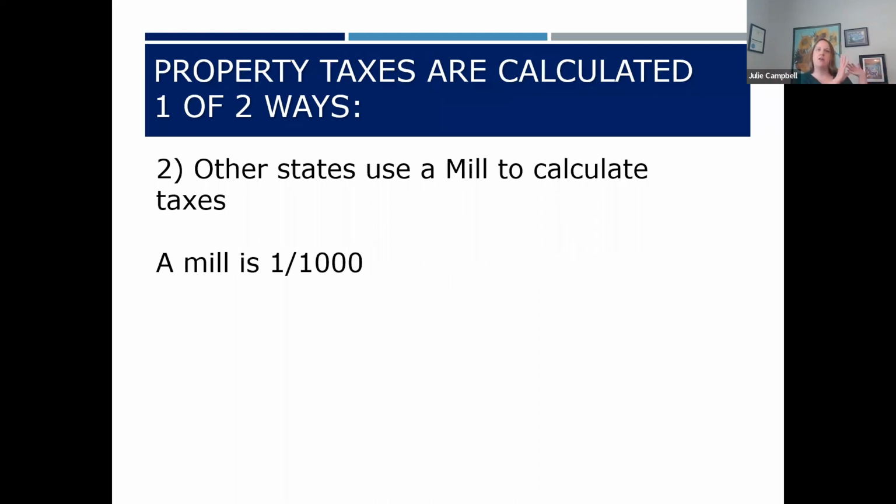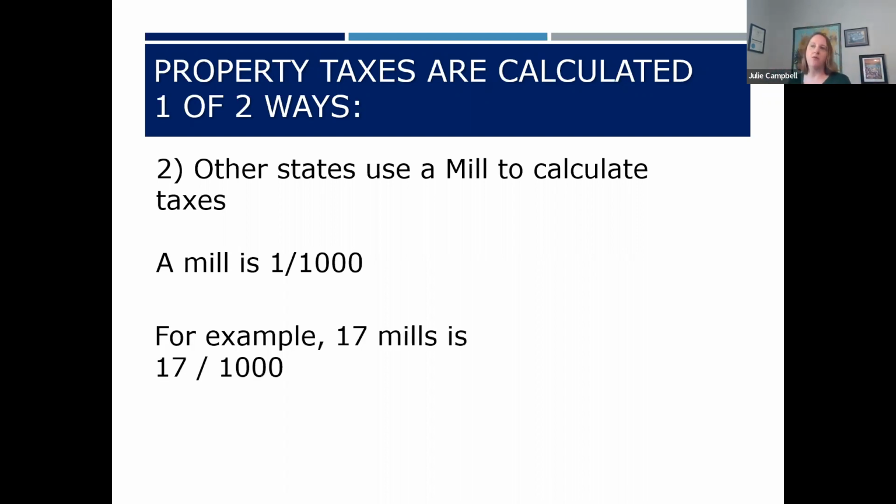So you're either dividing by 100 for a tax rate ad valorem in North Carolina, or you're dividing by 1,000 for a mill. So for example, if the problem tells you that the rate is 17 mills, all you have to do is take your non-smart calculator. Now we're going to divide by 1,000.